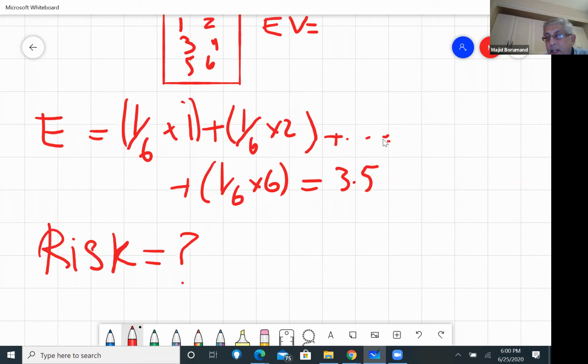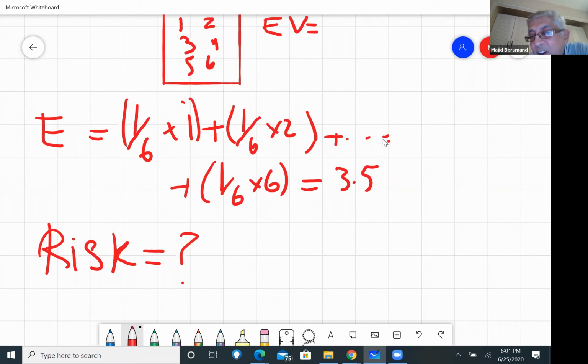A risky investment is an investment where the expected value is different from the outcome. That is exactly the case here, because the outcome could be 1, 2, 5, 6, but the expected value is 3.5. So throwing a die is a risky business because the outcome is different from the expected value. When you buy a government bond, not every bond, and hold it to maturity, you are going to get your $1,000 par value, come hell or high water.